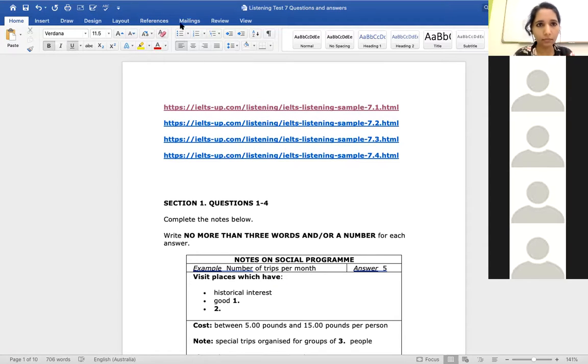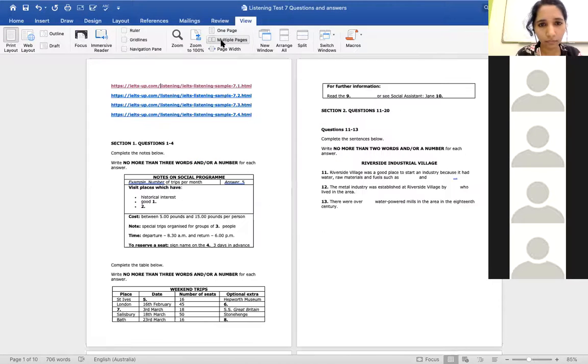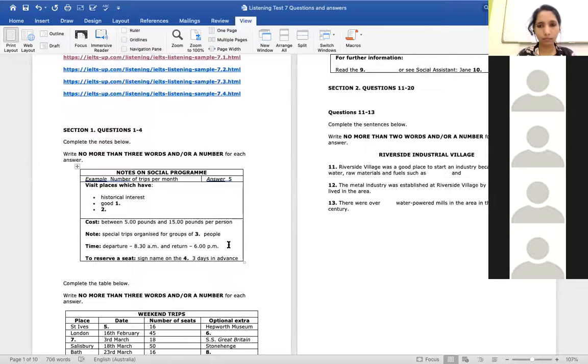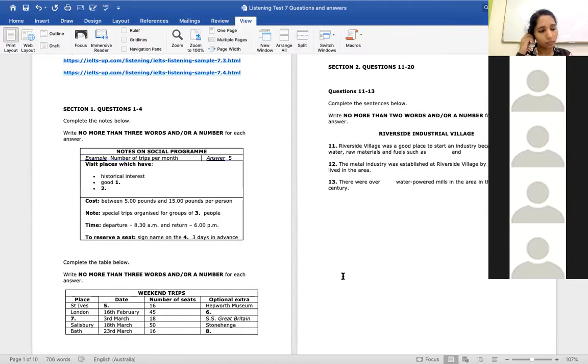You'll hear a number of different recordings and you'll have to answer questions on what you hear. There will be time for you to read the instructions and questions, and you'll have a chance to check your work. All the recordings will be played once only. The test is in 4 sections.